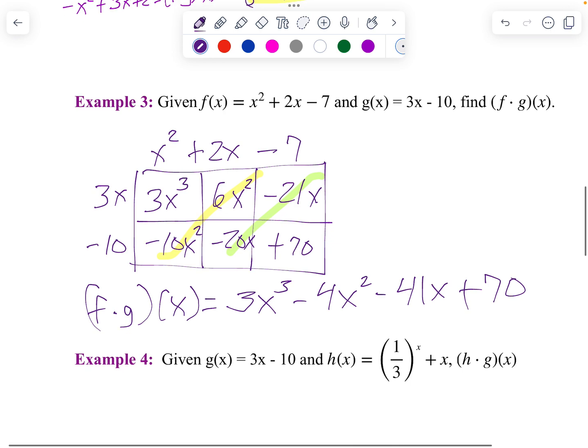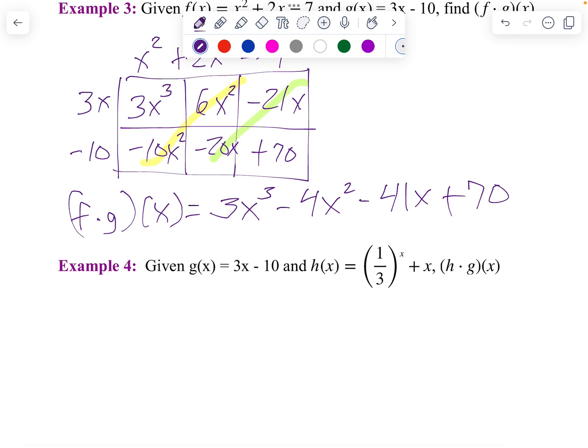What happens if I multiply a linear and an exponential, like we have on the next one? Pretty much the same thing. Except when you multiply by an exponential, you're not going to have a bunch of like terms.